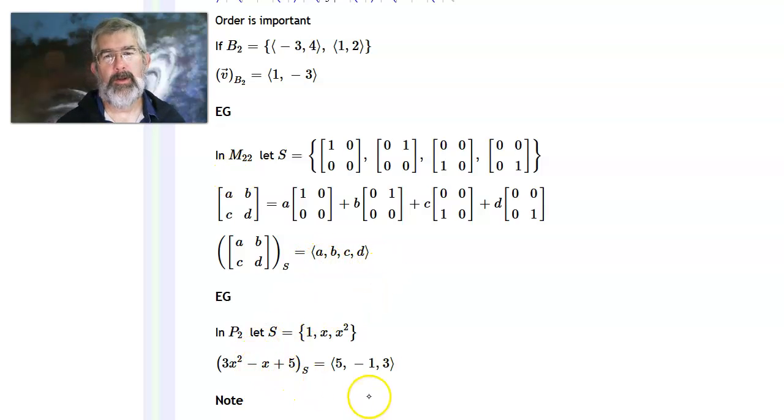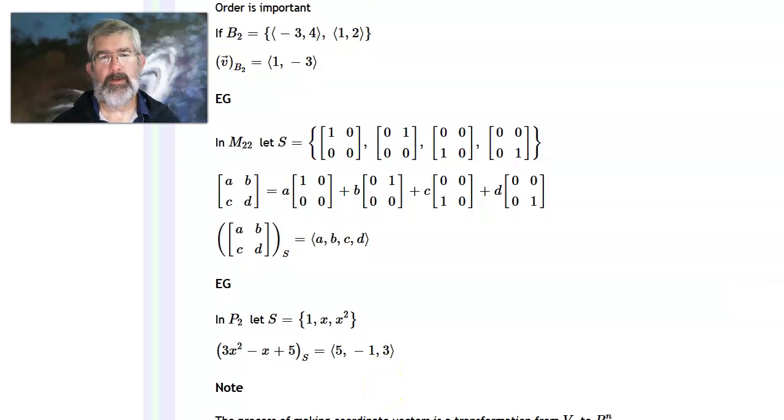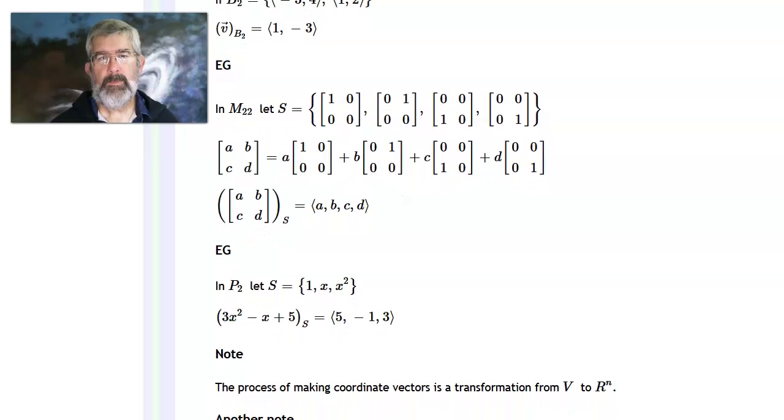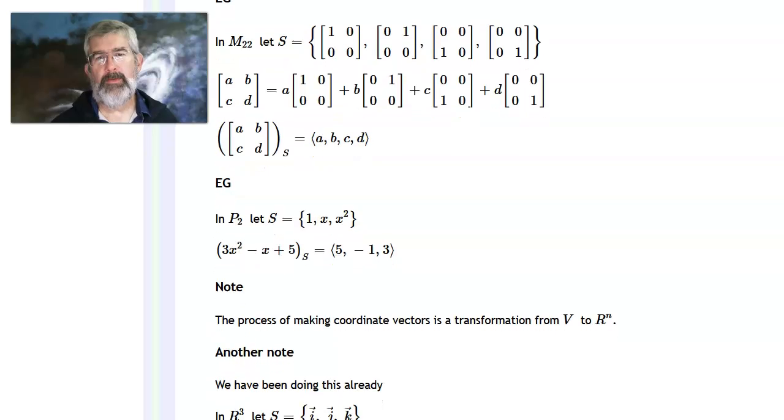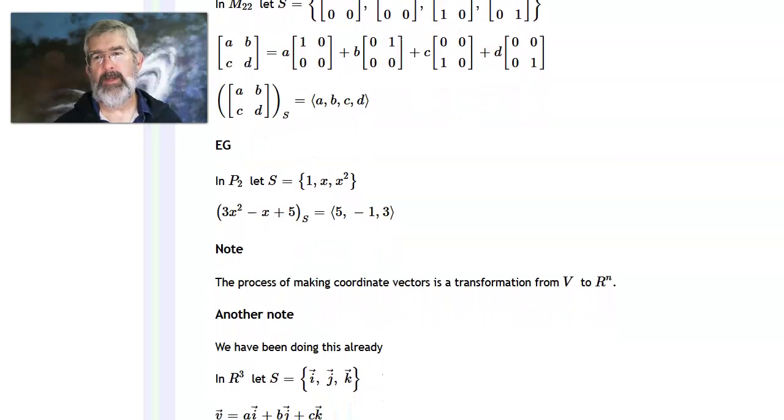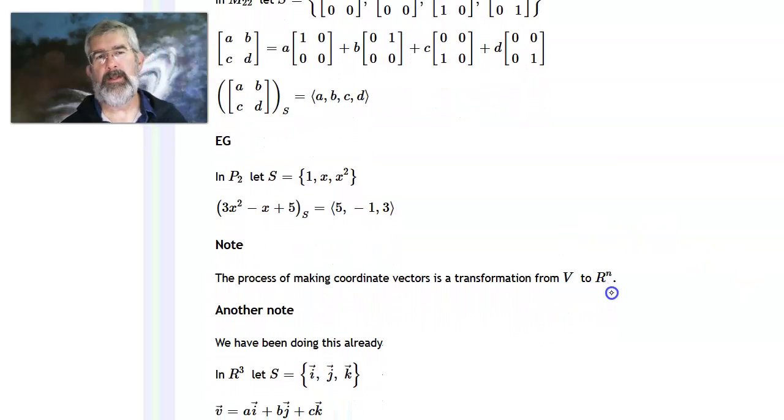Rather than looking at second degree polynomials, you might as well be looking at stuff in R3. Yes, there's my note. The process of making coordinate vectors is a transformation from V to Rn. It is, in fact, an isomorphism.